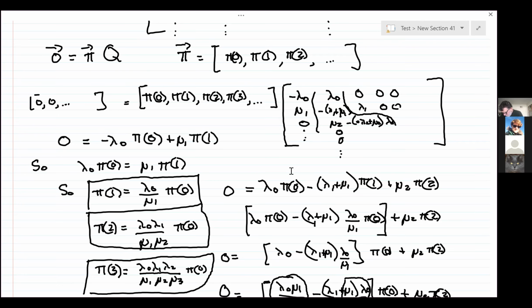So what did I suggest? I suggest 16, 17, and 18. So I'm looking at 16. 16 says, consider a birth-death process on the non-negative integers whose death rates are given this way.